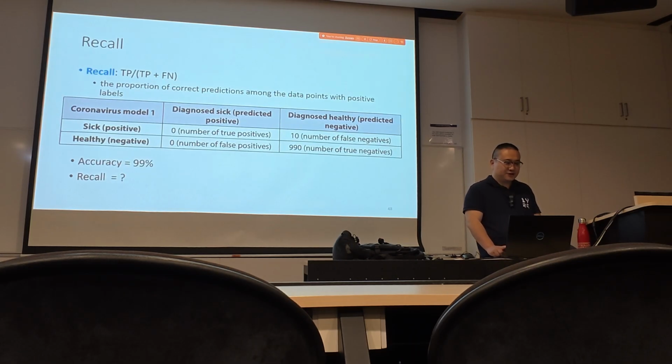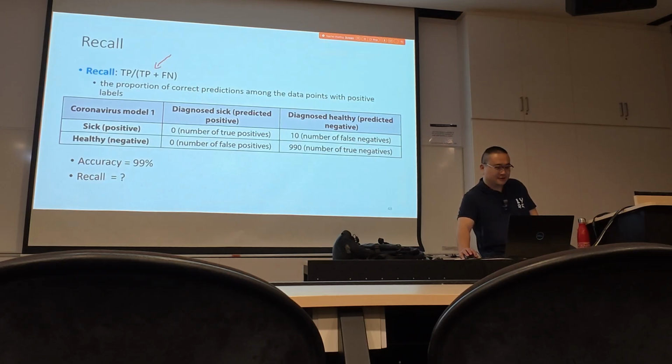And with the confusion matrix, we can generate other useful metrics. The first one is called recall. You may be confused about the formula, but if you understand the definition of recall, then you can easily rewrite the formula yourself. The definition of recall is that we want to measure the proportion of correct predictions among the data points with positive labels.